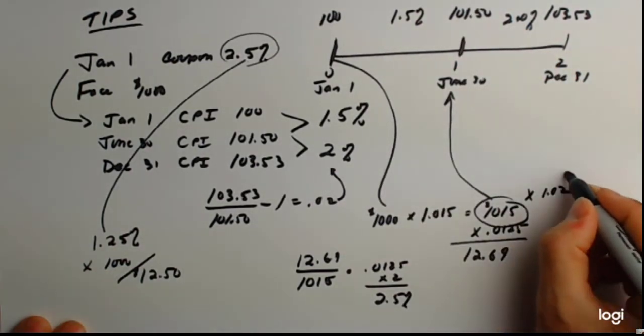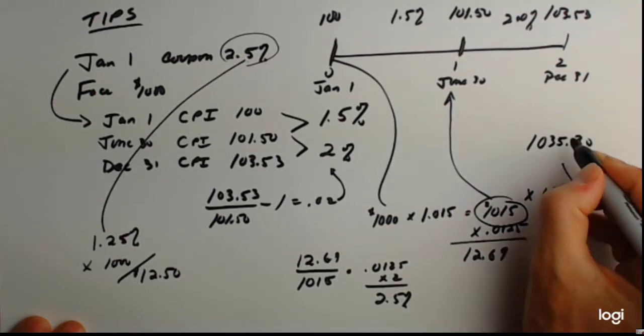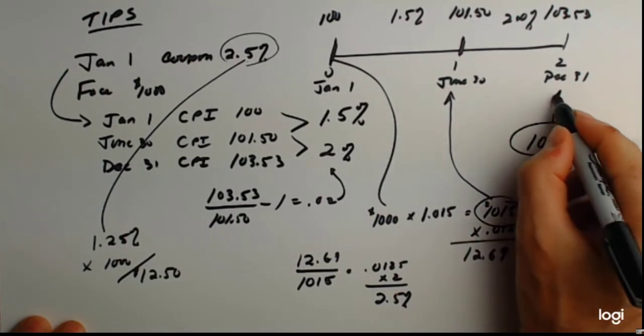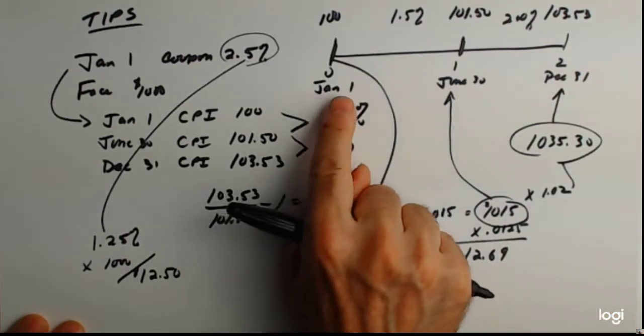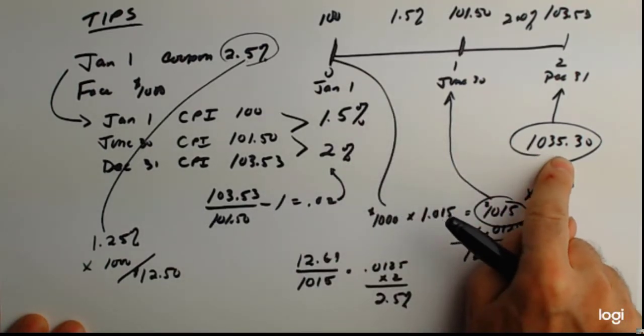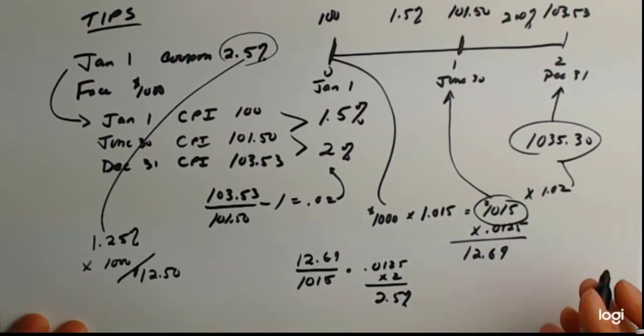When we do that, we get 1,035.30. So that is now the new face value, the new principal value for this bond. Already it's going up $35. A standard regular coupon bond would still be $1,000. So now what's the new coupon?